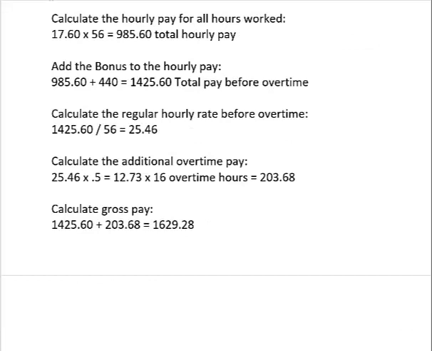So it does make a difference as to whether the bonus is discretionary or non-discretionary. Non-discretionary bonuses are planned and as a result of reaching a specific goal. So they will be included when you are calculating the overtime rate.